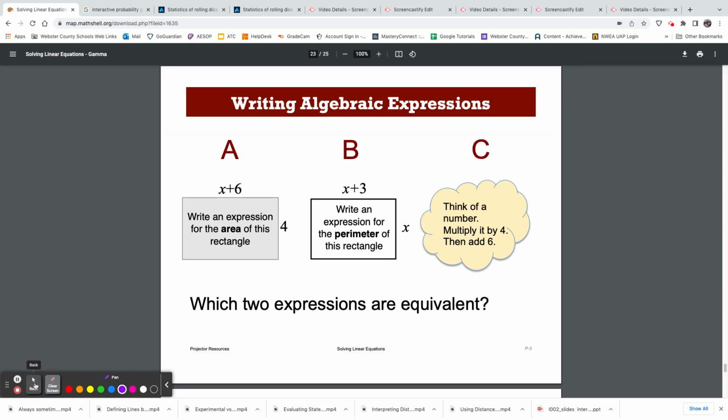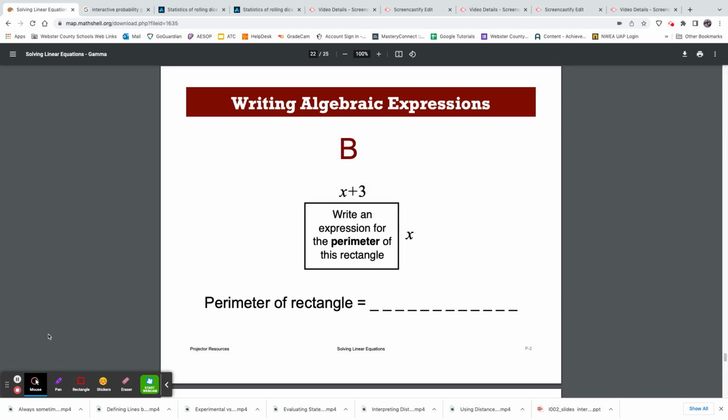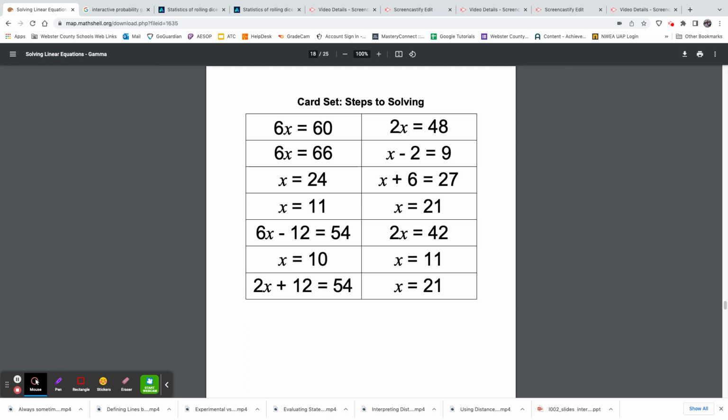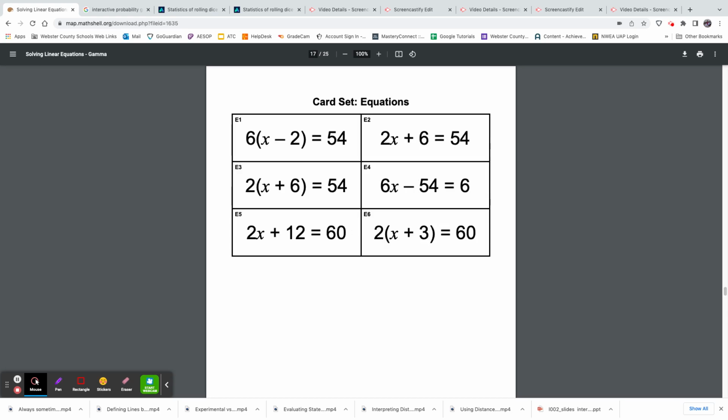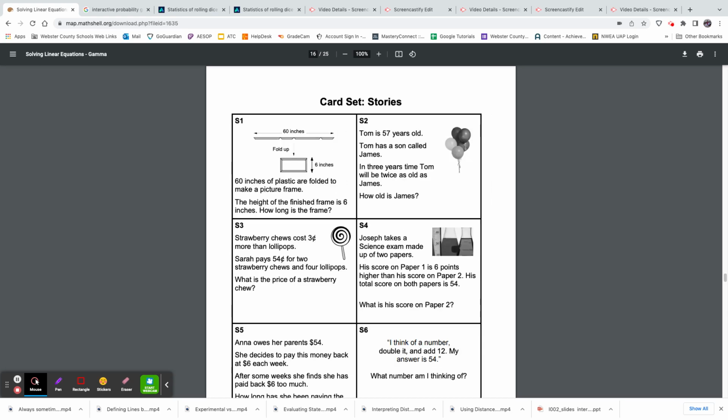On this MFAL that I'm asking you to do, they're going to give you a set of cards that show you steps, not all the steps to solve an equation, but part of them, then a set of equations, and then a set of stories.